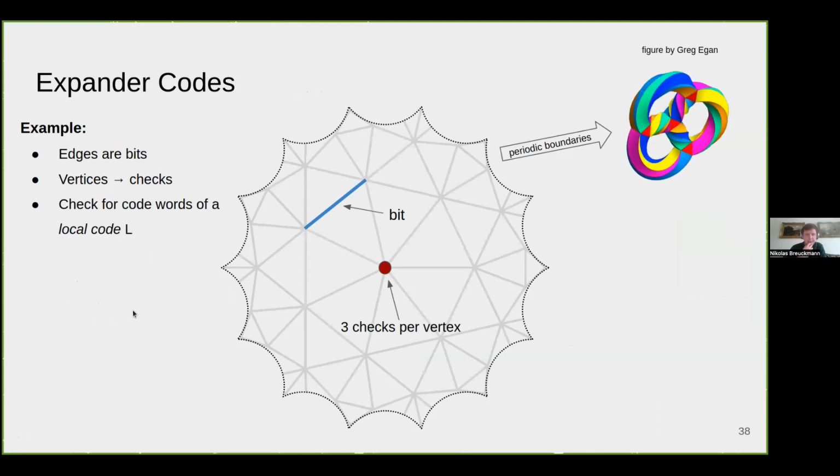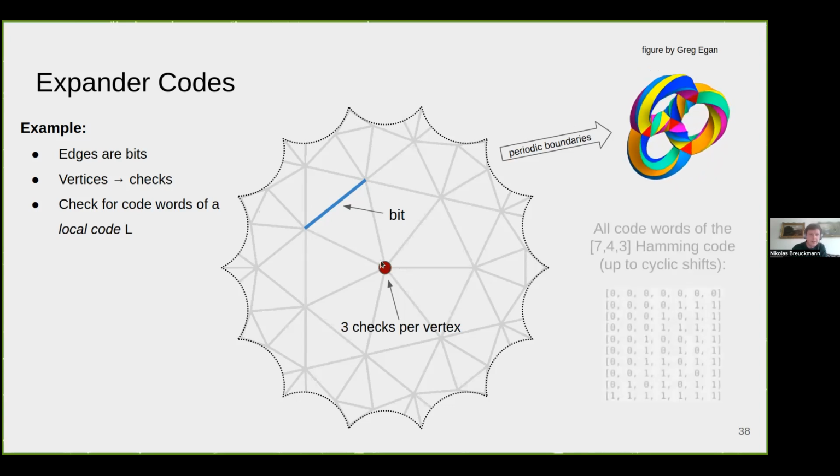Okay, but let me quickly go through the construction and give you the intuition of why this works. So let's take this Riemann surface called the Hilbert surface, which comes with this triangular tessellation. It has parallel boundaries and looks like this. It's a genus 3 surface. We identify the edges with bits and the vertices with checks.